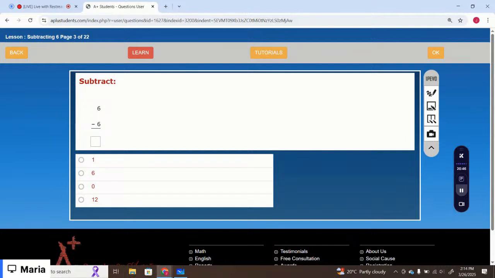Option number 3 is the correct option. Subtracting a number from itself always makes a 0.